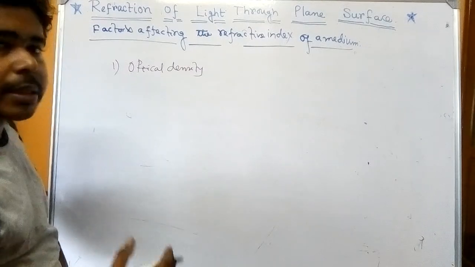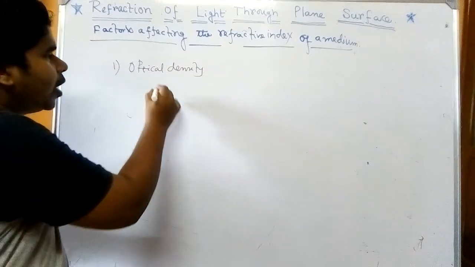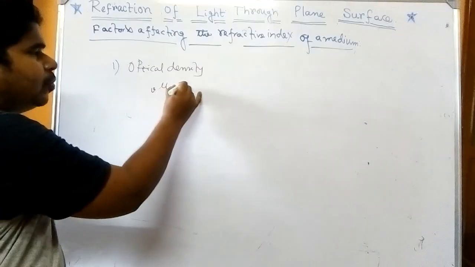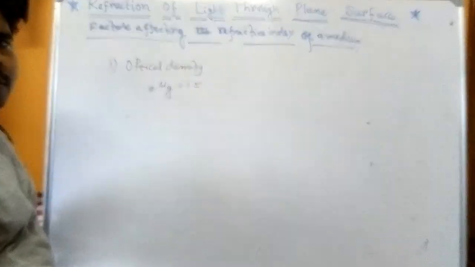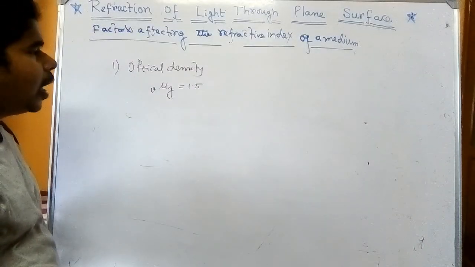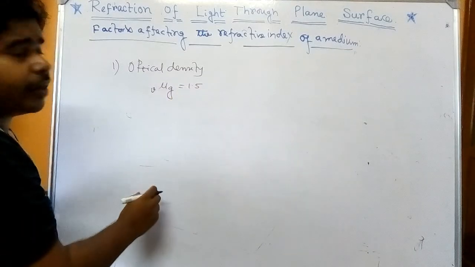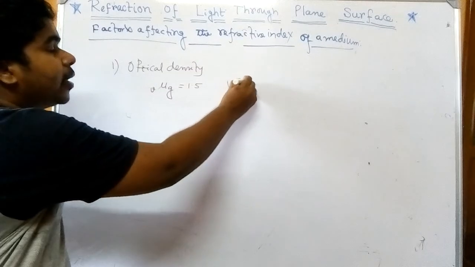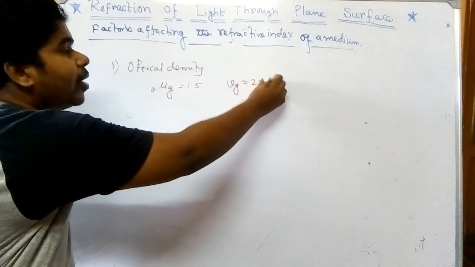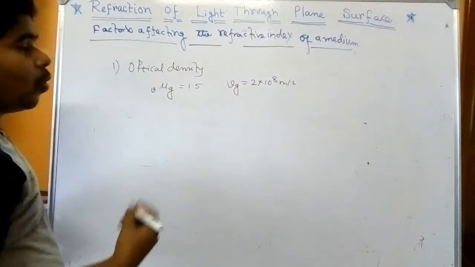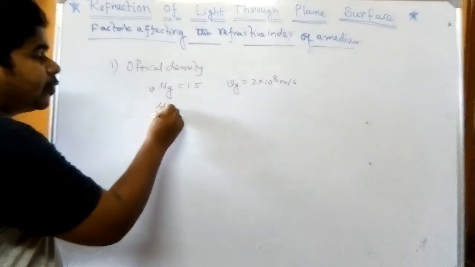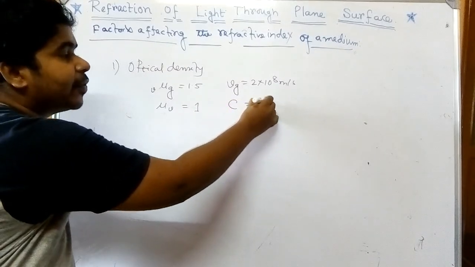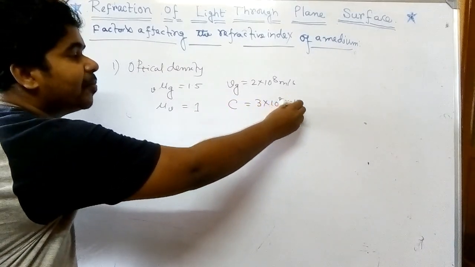Let's see an example. Just now we have seen that the refractive index of glass with respect to vacuum is 1.5, and here the speed of light in glass is 2 into 10 to the power 8 meter per second, whereas in vacuum the refractive index we generally take as 1, and the speed of light in vacuum is 3 into 10 to the power 8 meter per second.